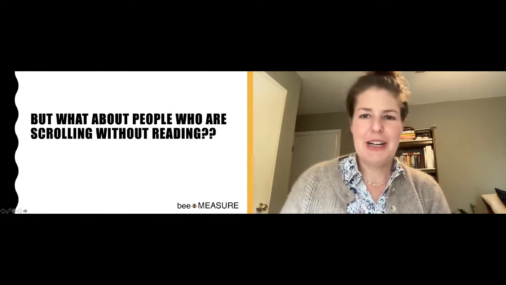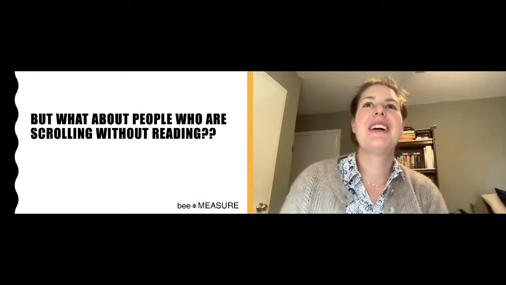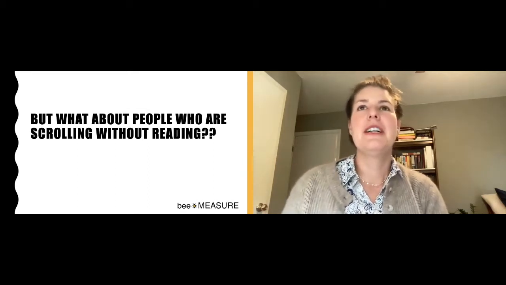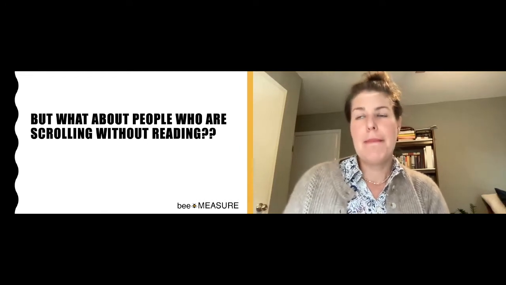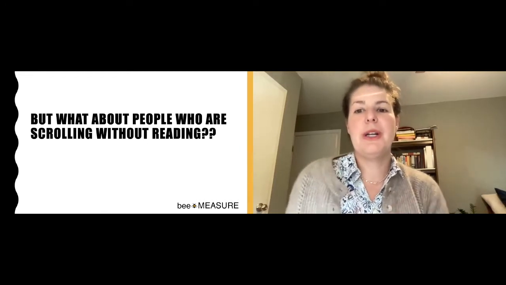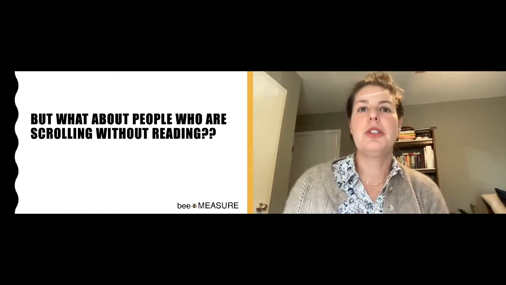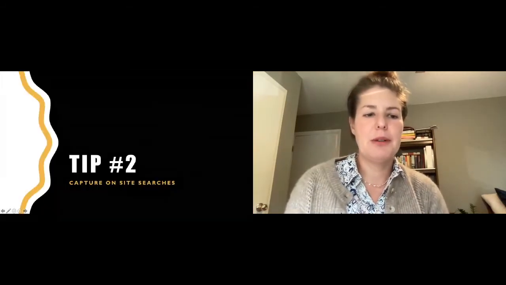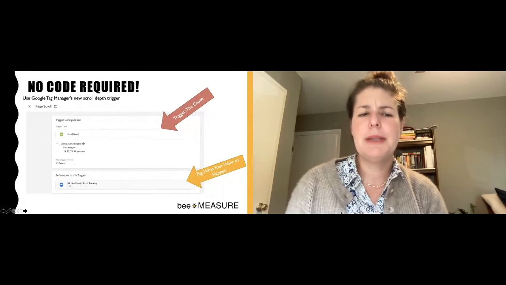Sometimes I do this and people ask me, well, what about people who are scrolling without reading? How do I know that they're actually reading the content? I mean, to be honest, the scrolling is a bit of a proxy metric. But if you are very concerned about people scrolling and not really reading, one thing you can do is there's another type of trigger, new trigger in Google Tag Manager called like an engagement timer.